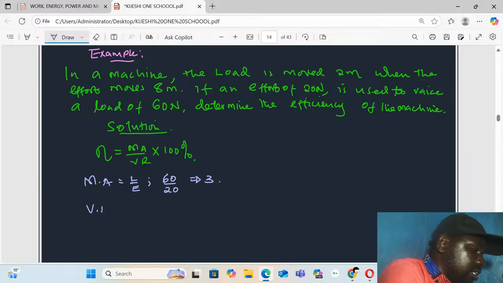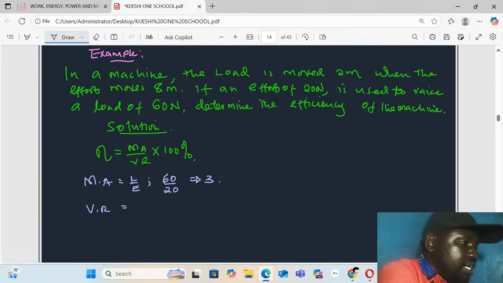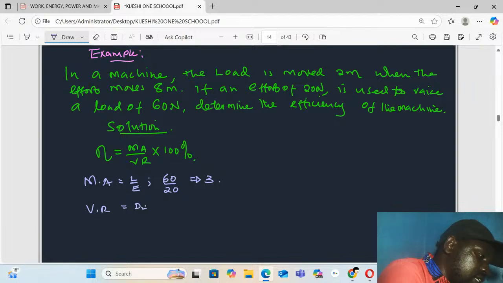Whereas our velocity ratio is effort distance dE over dL.